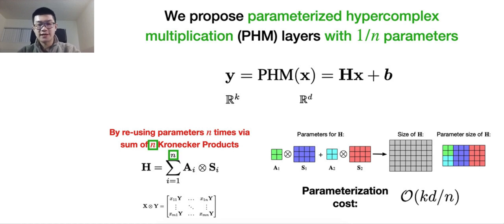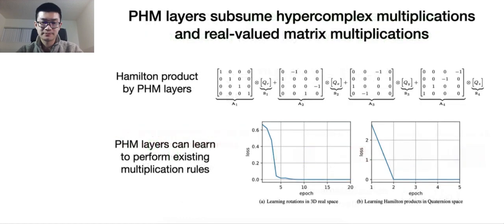So you can see that our parameterized hypercomplex multiplication layer has only 1 over n parameters in comparison with their FC layer counterpart. Note that the hyperparameter n is specified by the user, which means that if you use more Kronecker products in the sum, you end up with more parameter saving by replacing the FC layer with the PHM layers.